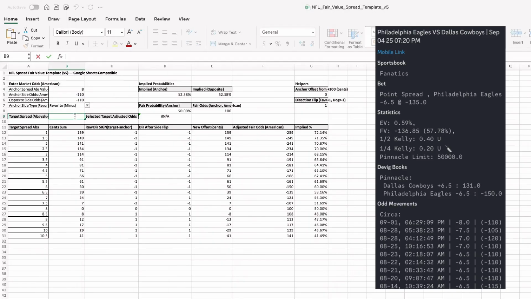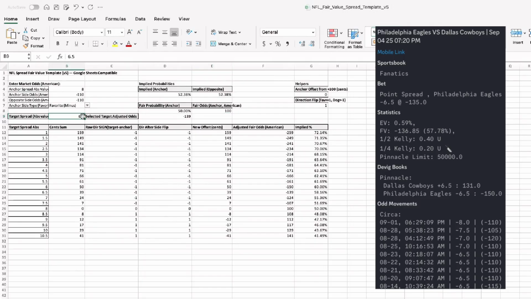We are looking for minus 6.5, so we are going to type in 6.5 for our target number, and we're going to project the fair value right here. So minus 139. And you can move these numbers around. Remember, if you're trying to figure out a number that is a plus number, you have to switch this, obviously. But this is going to lay out any alternate line you want to produce for the Circa main line.